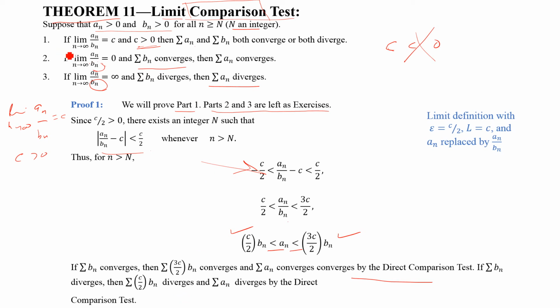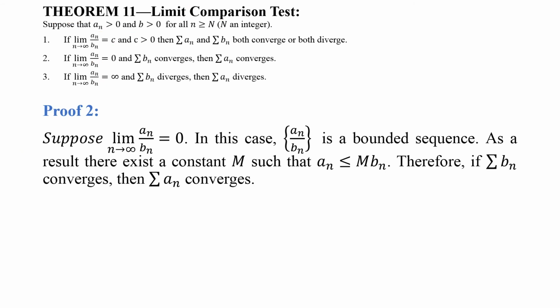So what we have proved is that if the limit of a_n over b_n as n approaches infinity is equal to c, then sigma a_n and sigma b_n both converge or both diverge. Okay, part 2. In part 2, the limit is 0, and sigma b_n converges is also given. We have to prove that sigma a_n converges.